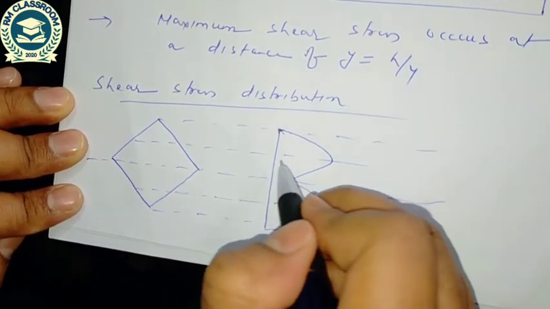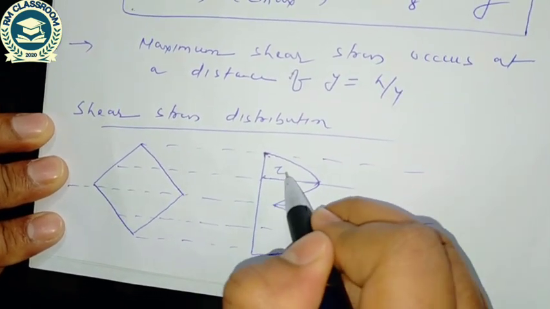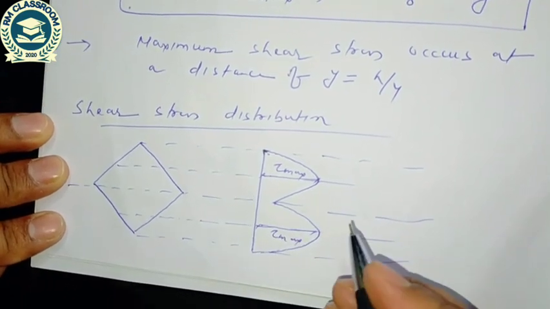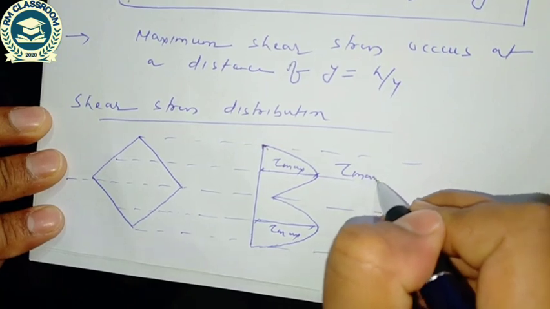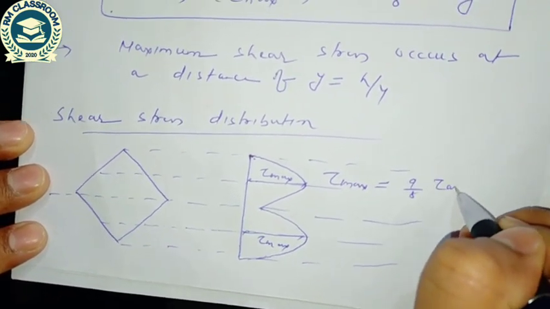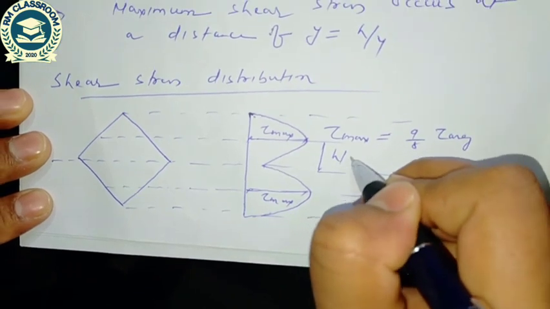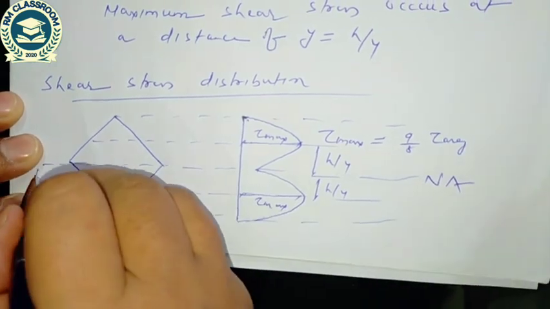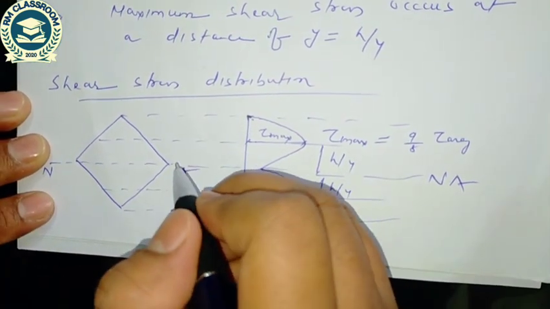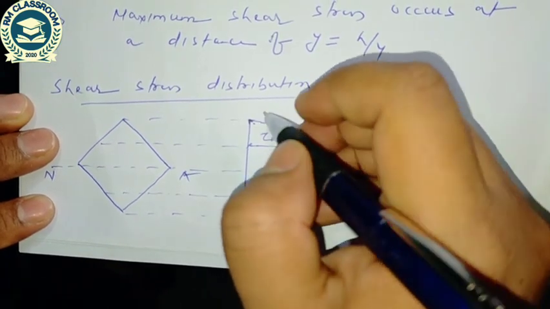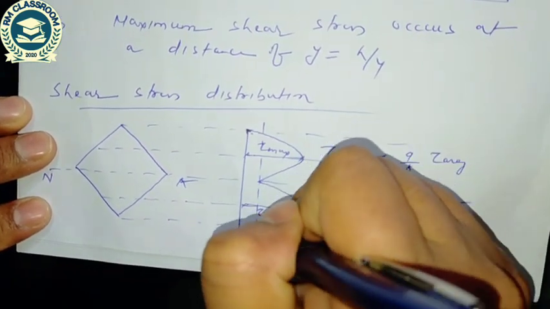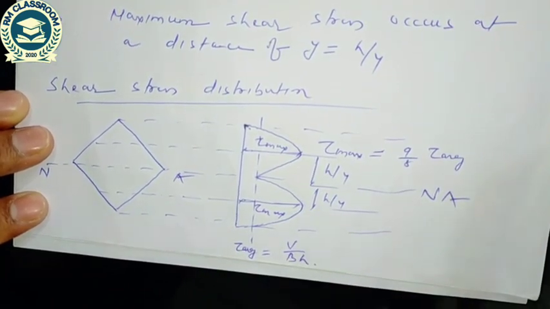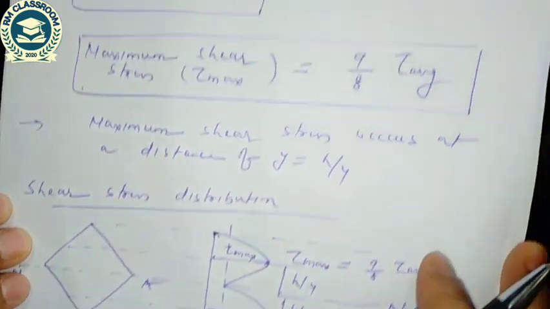So this is the distribution, this is maximum shear stress, this is also maximum shear stress, and this tau max is equal to 9 by 8 times tau average. This distance is h by 4 and this distance is also h by 4. This is neutral axis, and the average shear stress, tau average, is nothing but V by B into H. So this is the diamond section.